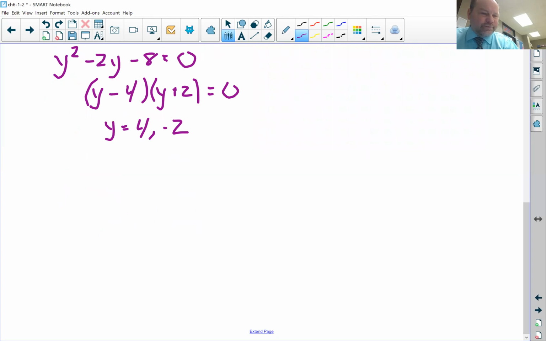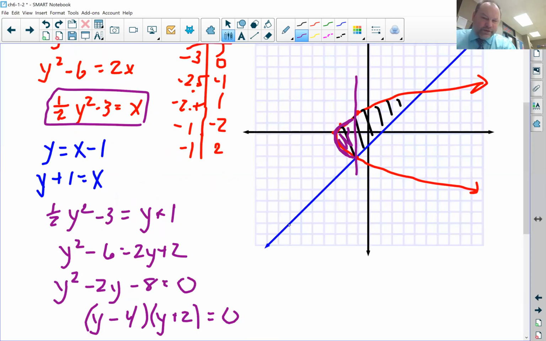So our area is going to be the integral from -2 to 4. Again, the linear function is on the right side. So again, if you weren't sure, you could pick a value between -2 and 4, like 0, and plug it in for y. And so this would give me x of 1, plugging in x of -3.